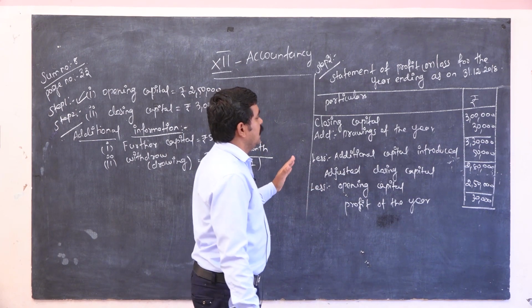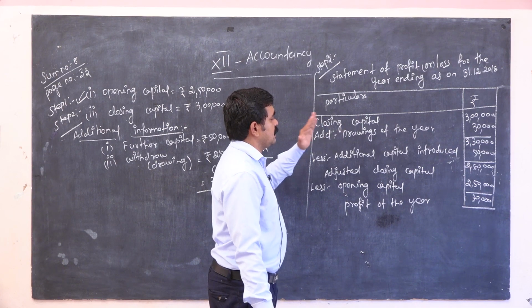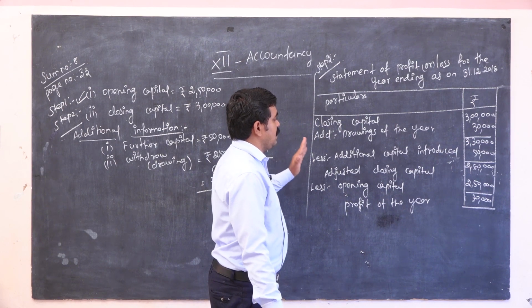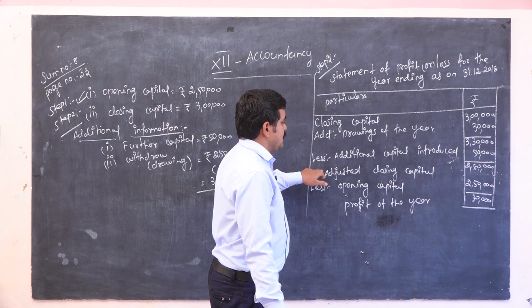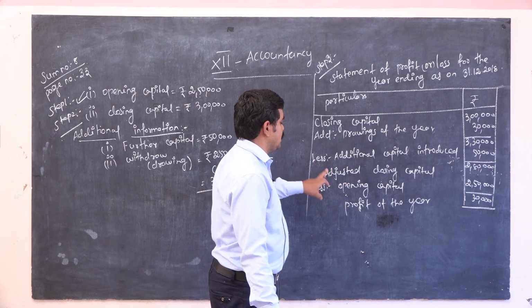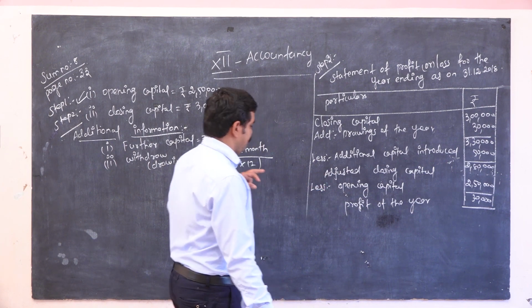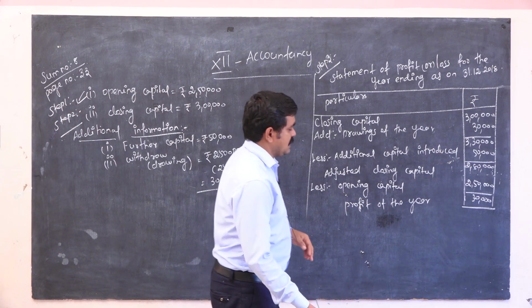Particulars, rupees: closing capital 3 lakh, drawings of the year 30,000, you got 3,30,000. Additional capital introduced 50,000. So now we get the adjusted closing capital, from which you subtract the opening capital 2,50,000. So now you got the answer.